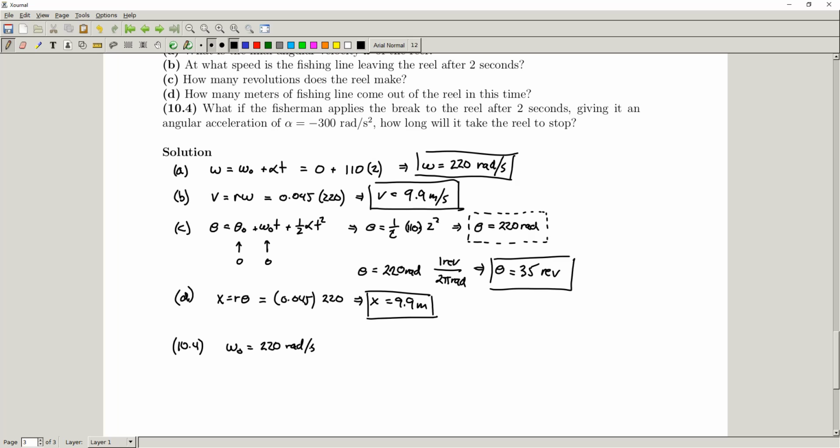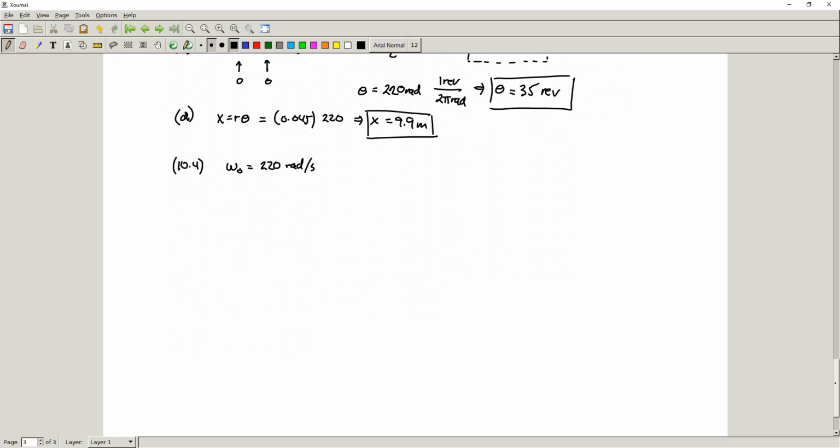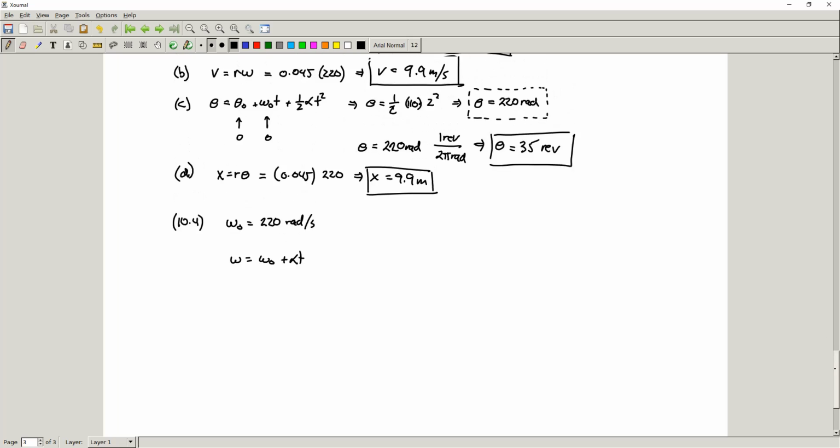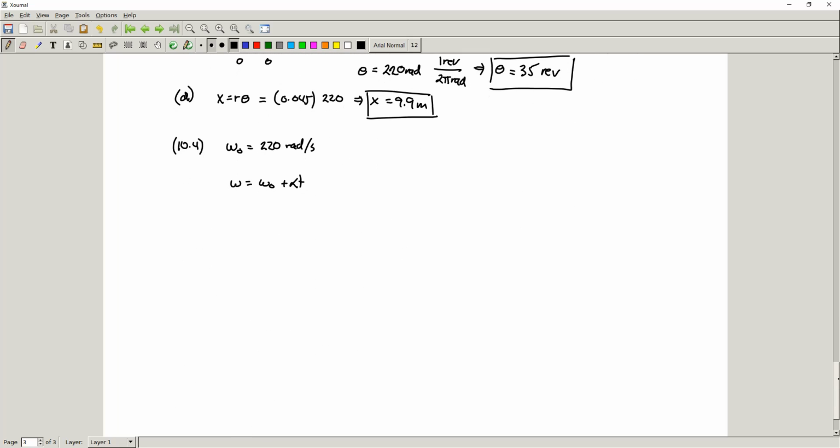Okay, so let's do the calculation. We have omega is equal to omega naught plus alpha t. We're trying to solve for how long it's going to take for this thing to stop. So let's rearrange this.